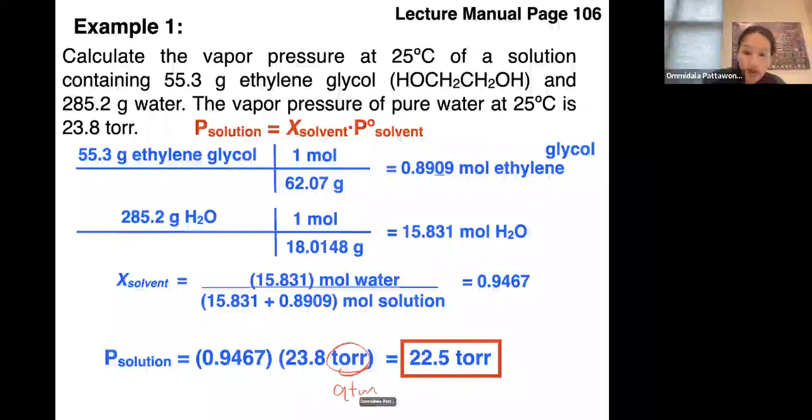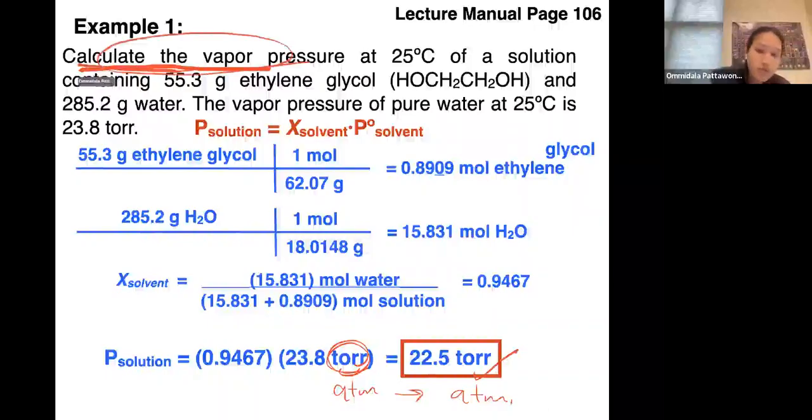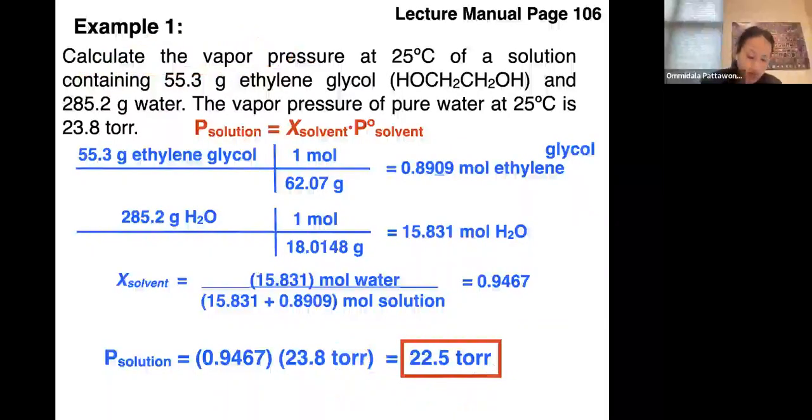The answer is you don't have to, because the problem doesn't ask for a specific unit for vapor pressure. It just asks you to calculate vapor pressure. If you leave it as torr, you get the final answer in torr. If you convert into atm, you get the final answer in atm. So you can just leave it as torr, but you are welcome to change to atm if you want to.